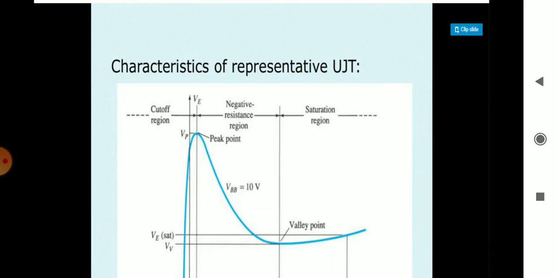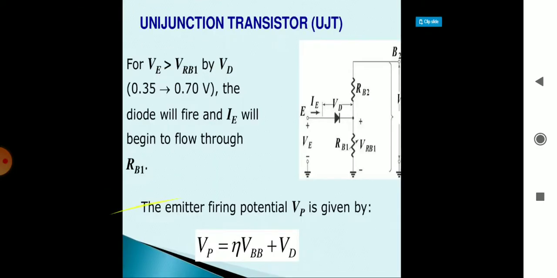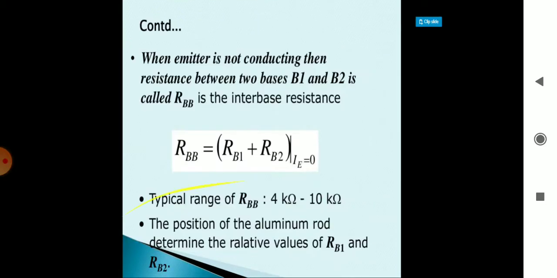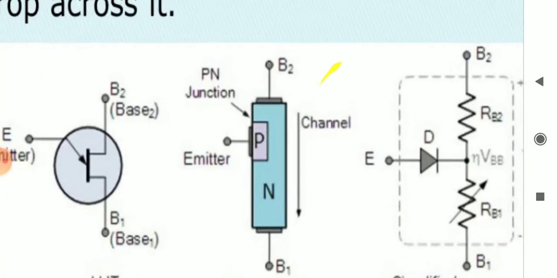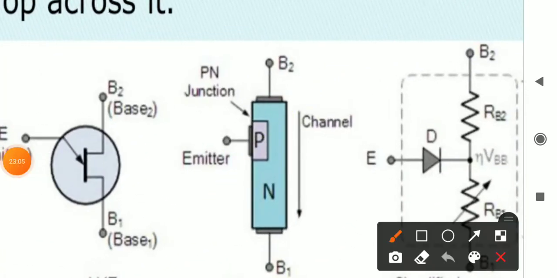Why is this happening? If you look at the structure of the PN junction, when it is forward biased, the holes which are present over here start to accumulate in the N region. Now the holes are injected into the N region.